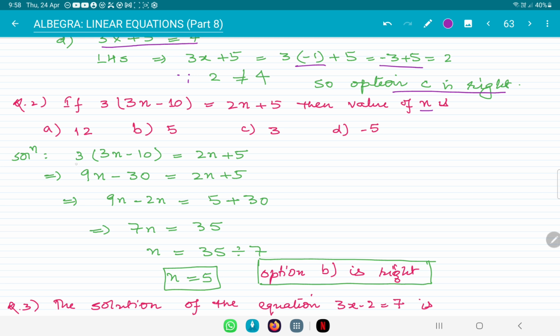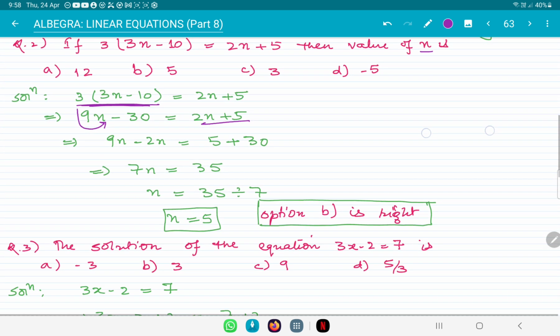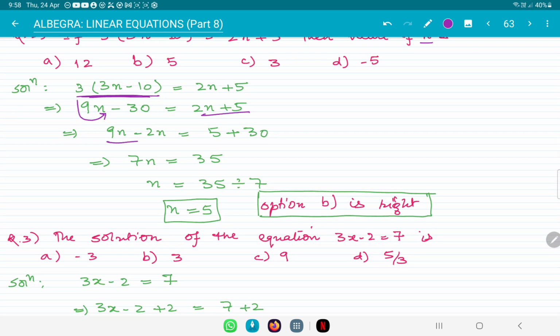So here I am applying the distributive law. 3 will be multiplied by 3n minus 10, so this will become 9n minus 30, and the right hand side will be as it is, 2n plus 5. Now, variable on one side and constant on the other: 9n minus 2n equals 5 plus 30, so it will become 7n equals 35.